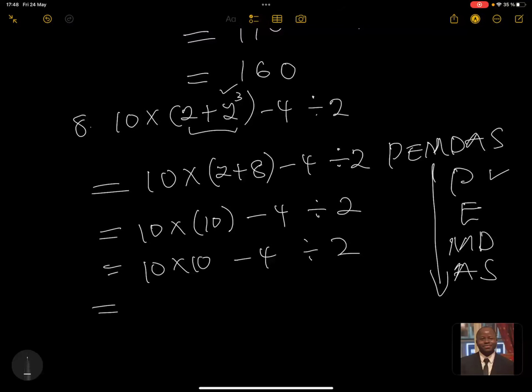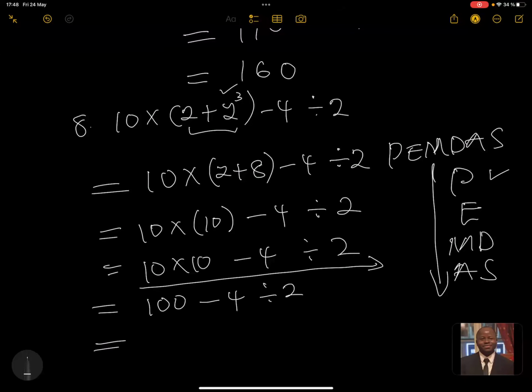Tell me what we deal with: three operations. Multiplication, moving from left to right, you deal with what you see first. 10 times 10, 100, divided by 2. This is very tricky.